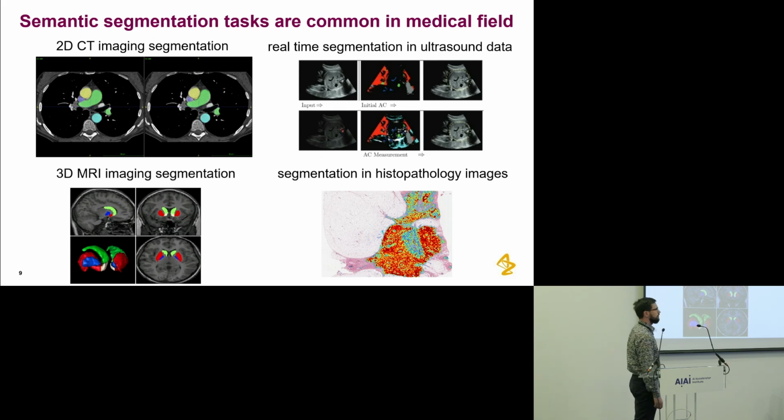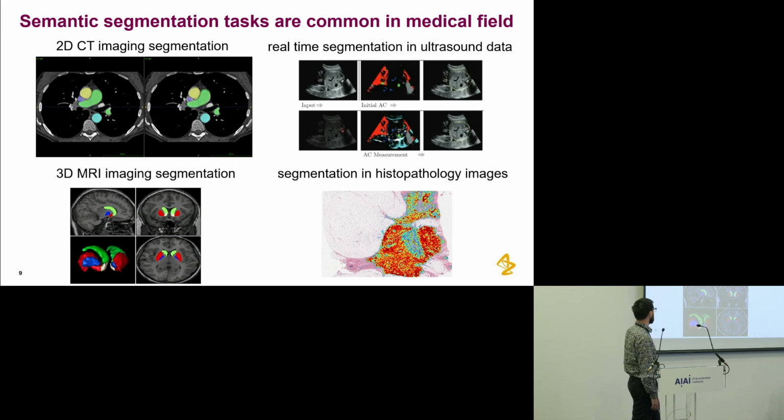It can be CT imaging segmentation, whether of a human or a mouse, where you segment an organ, and then once you segment the organ, you try to see if there's any pathology or if it's normal. With ultrasound data, you can even reconstruct, say, a baby's face using the ultrasound signal from a pregnant woman.